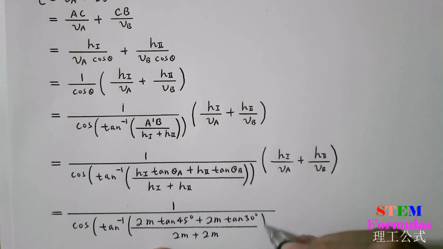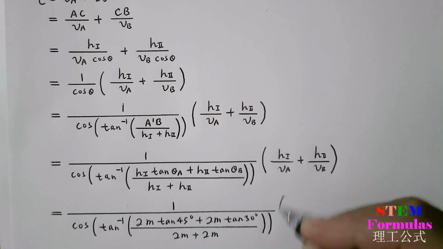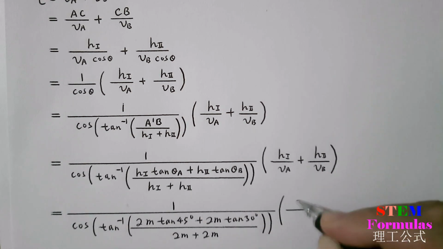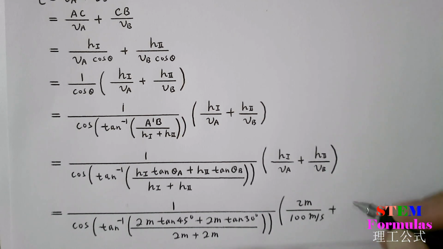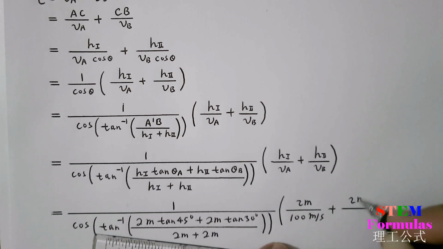Now I have here time: 2 meter over 100 meter per second plus 2 meter over 71 meter per second.